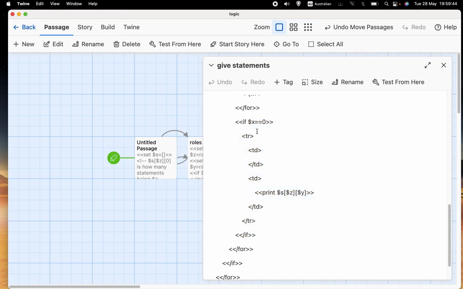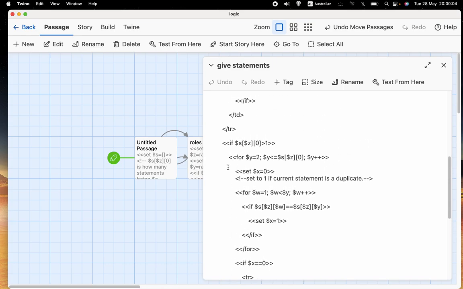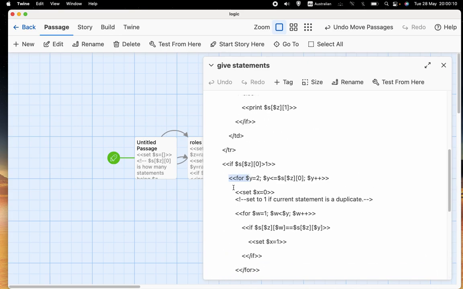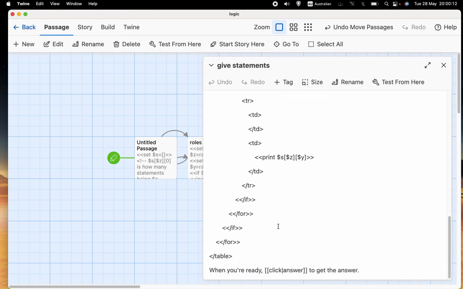Anyway, if x is equal to 0, then we have a row, we have an empty cell, because that's the left-hand column where the being 1, being 2, or being 3 is, and then we print the relevant statement, close off the cell, close off the row, and then we keep going through that for loop, that one there.